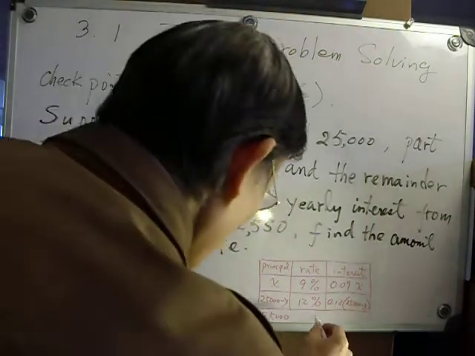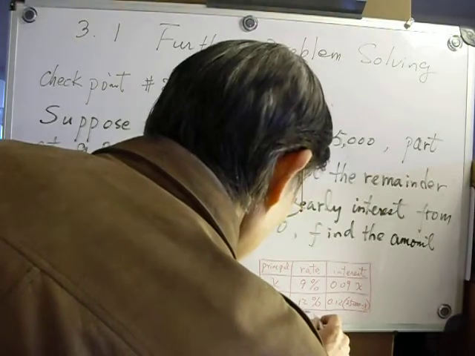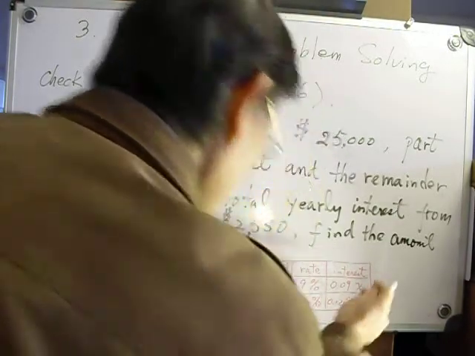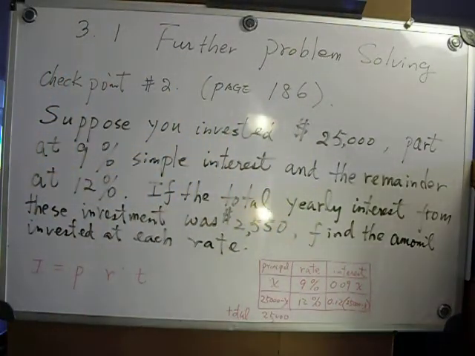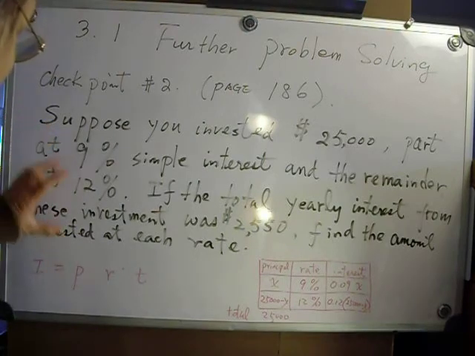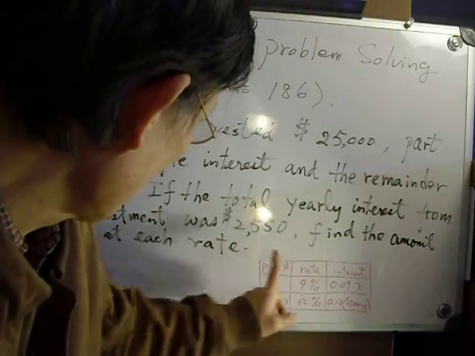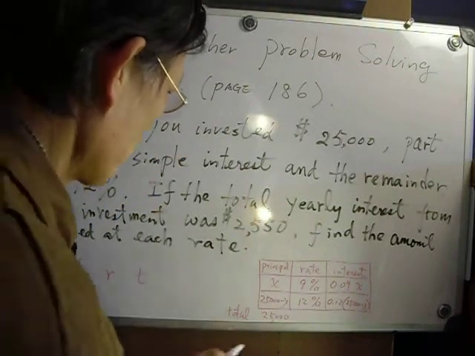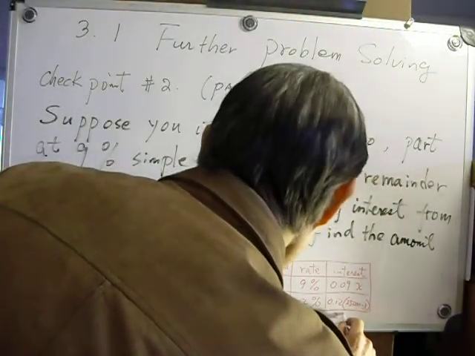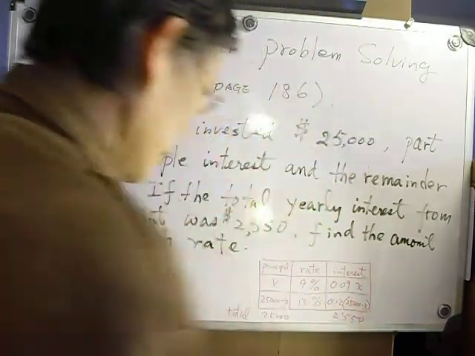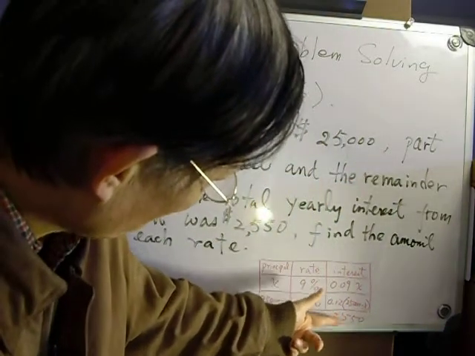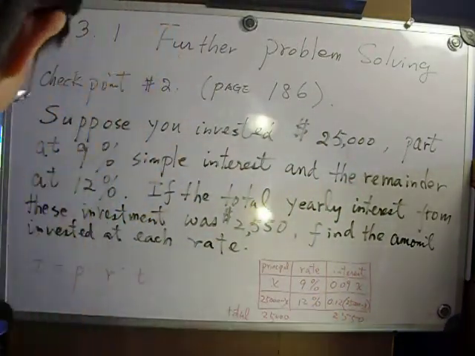Then this one you can leave empty. And finally you write your total interest. You know that 1 year, and these two interests add up to 2,550. So these two add up to the total interest.